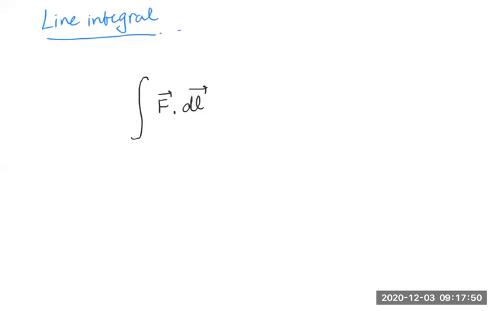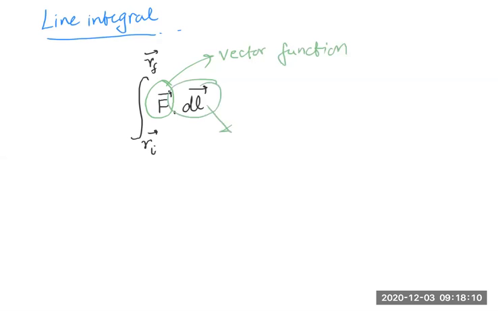Line integral looks like this, right? Where what we discussed was that this object is a vector function and this object is the line element.